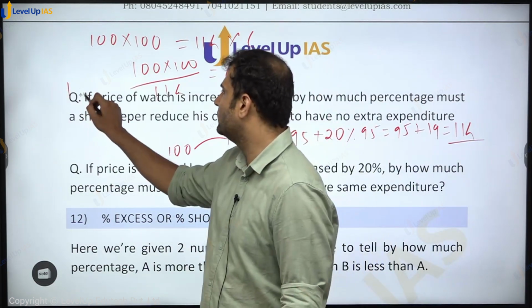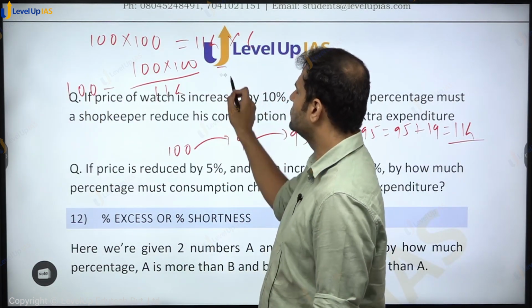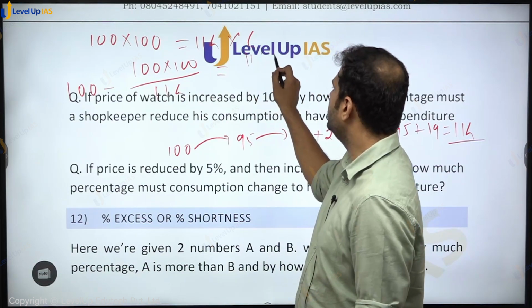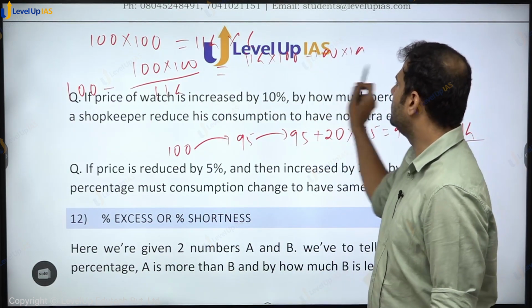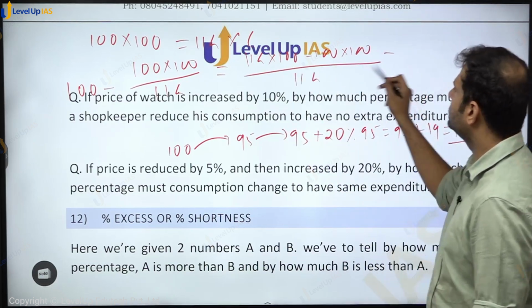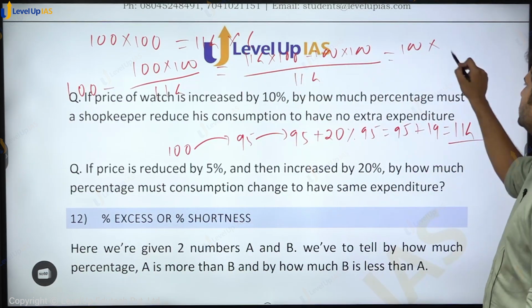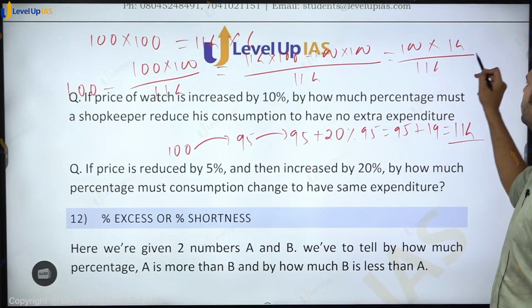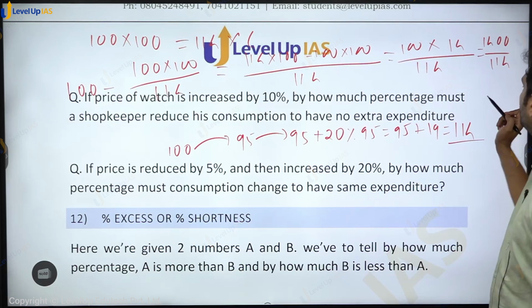So 100 minus this is your answer. So you can simplify 100 minus 100 into 100 divided by 114. You can take 100 as common. 100 into 114 minus 100, which is 14, divided by 114, which is 1400 divided by 114.